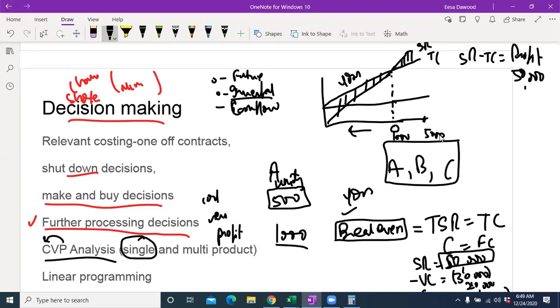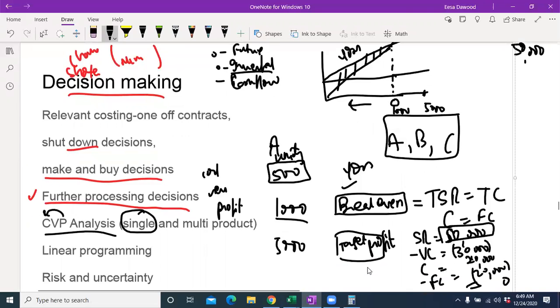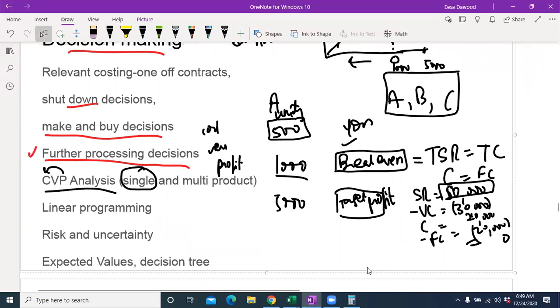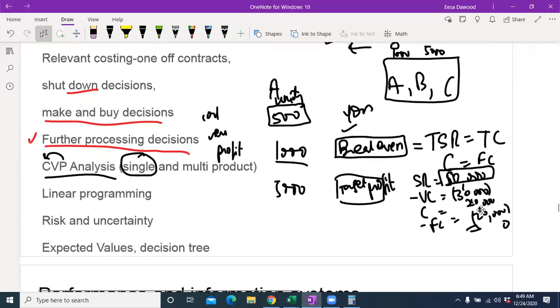So at what activity level you will be achieving your target profit, it gives you an idea about all those things. Okay, so from this scenario, let's carry on.